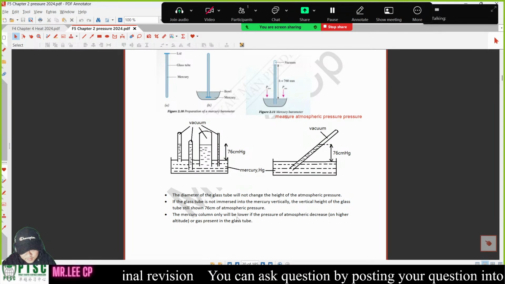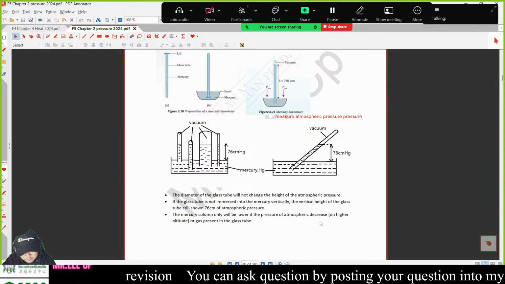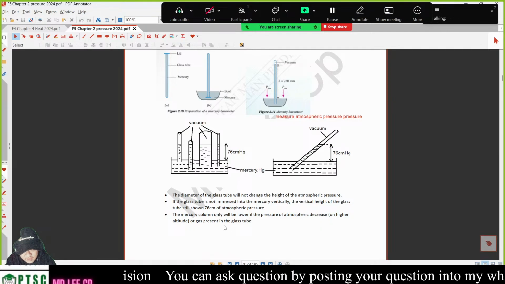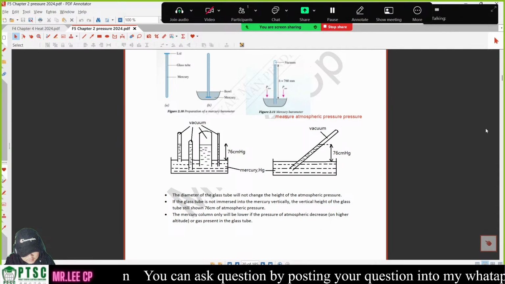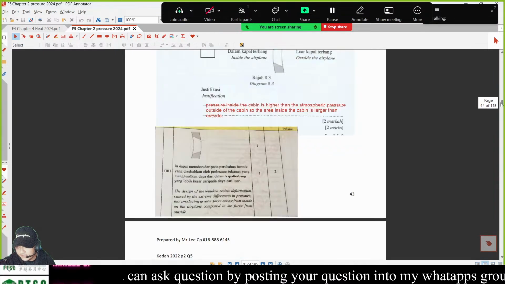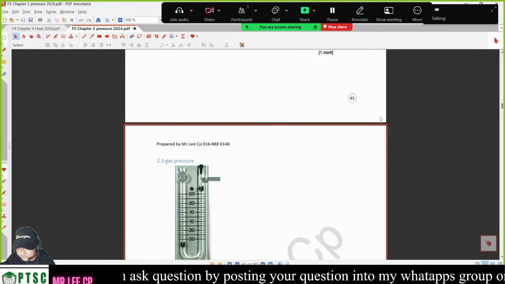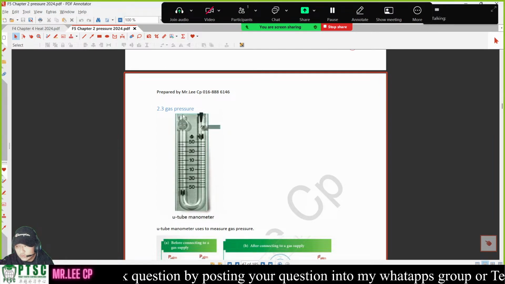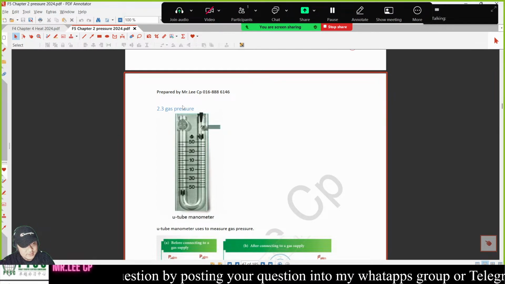The mercury column will be shorter because of pressure decreasing at a higher altitude, and presence of gas. Two factors. So we quickly go to gas pressure.